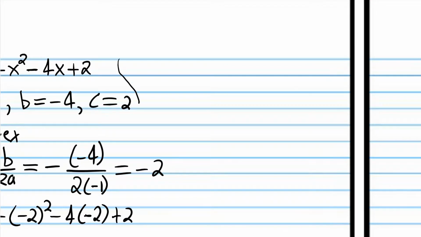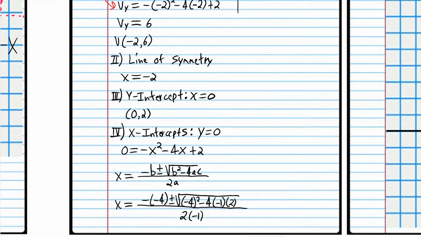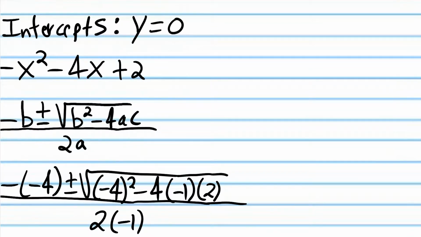I want to put a divider here. So we have x is equal to 4 plus or minus root 4 squared. 4 squared is 16. Minus 4 times -1. So all this stuff here, we have 2 times -1 is -2.